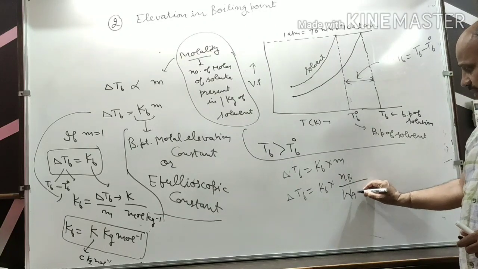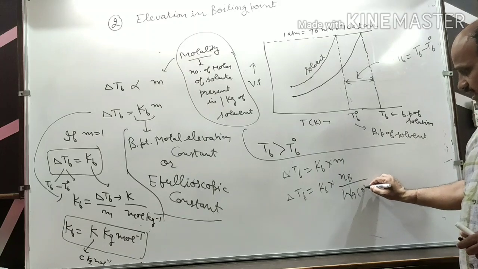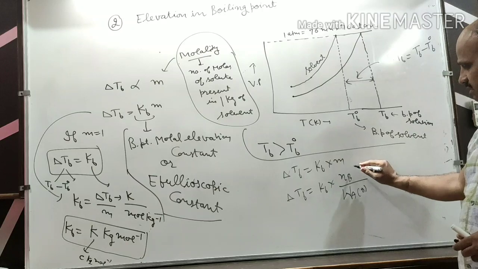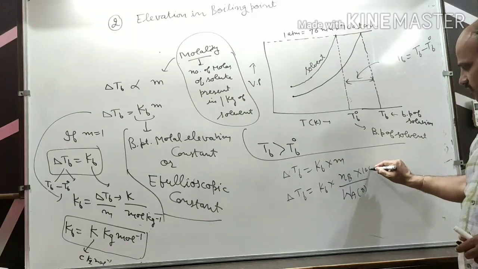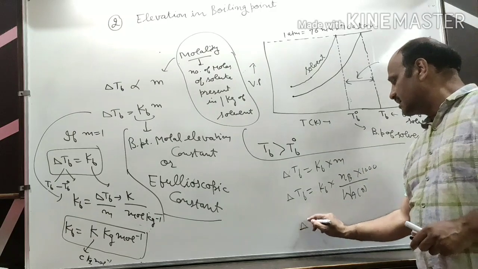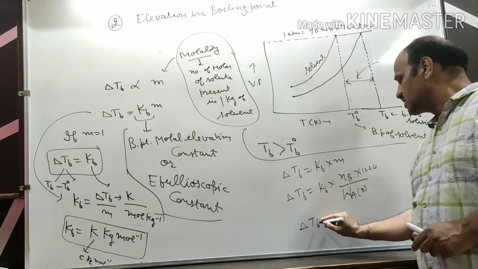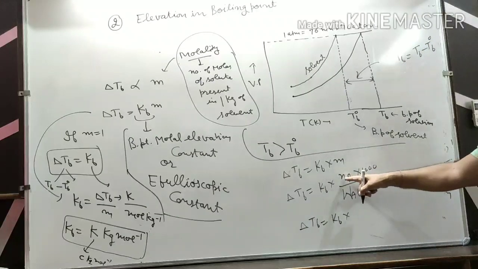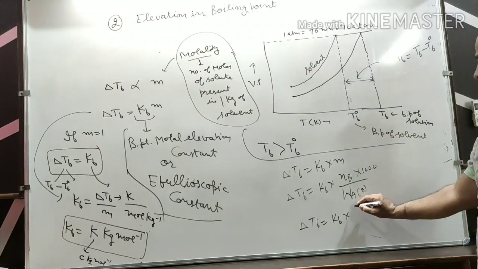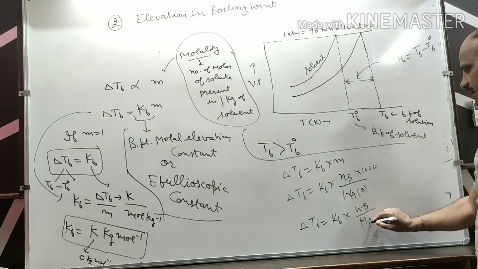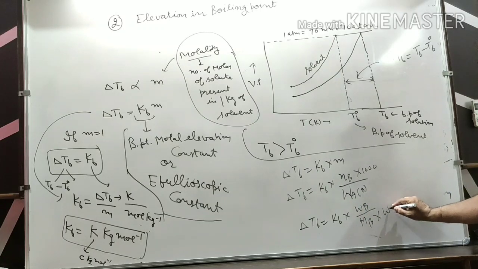And if this is given in grams, then we can convert it into kg by dividing by 1000. That is why it comes here 1000. And also we can write delta TB is equal to what? KB into nB. You can write given mass upon molar mass. So we can write here WB upon MB, here WA, and this is 1000.